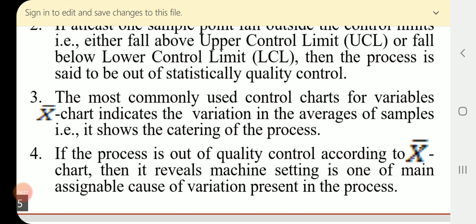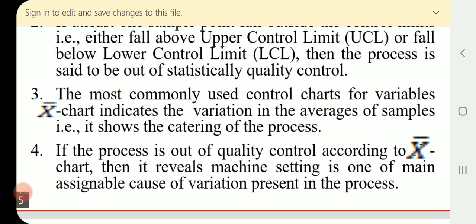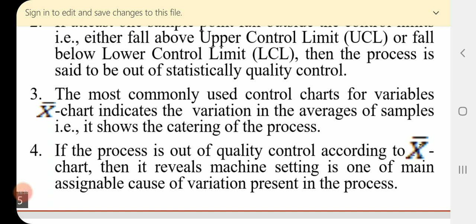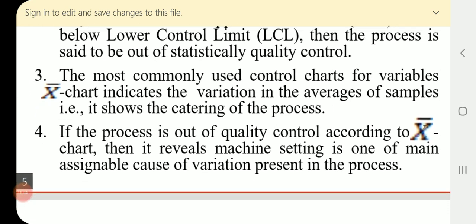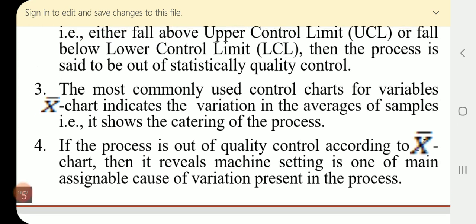It is observed through the process of means, calculating the means, identifying the means. From one sample mean to another sample mean, it scatters. It disperses according to the means.